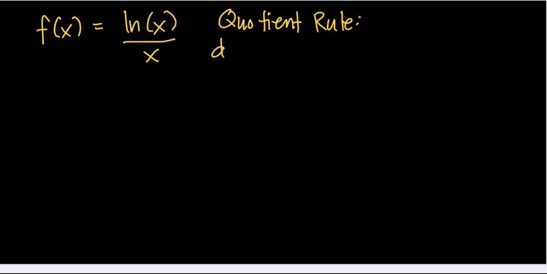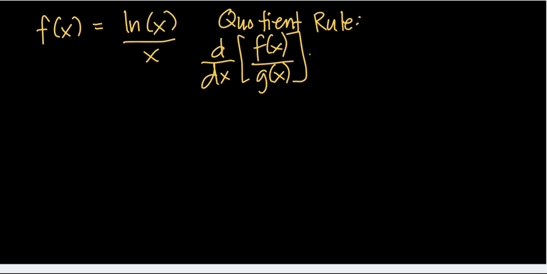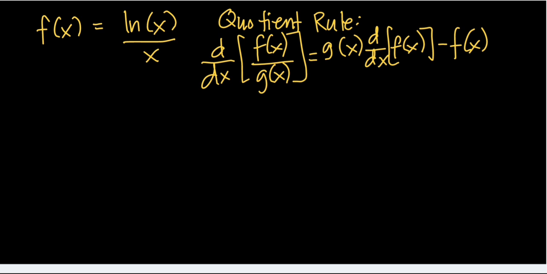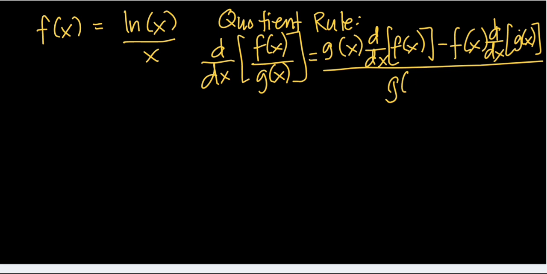Derivative of f of x over g of x with respect to x is just equal to g of x derivative of f of x minus f of x derivative of g of x divided by g of x squared.